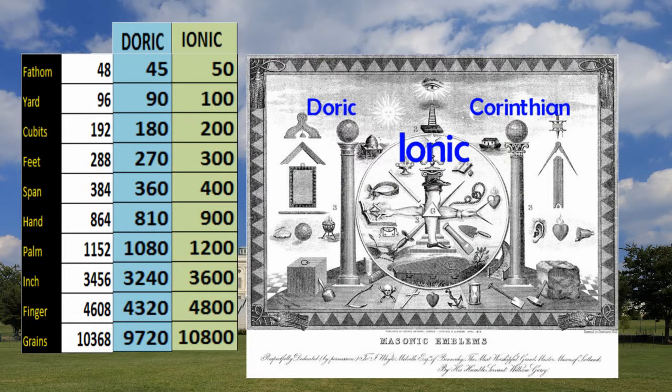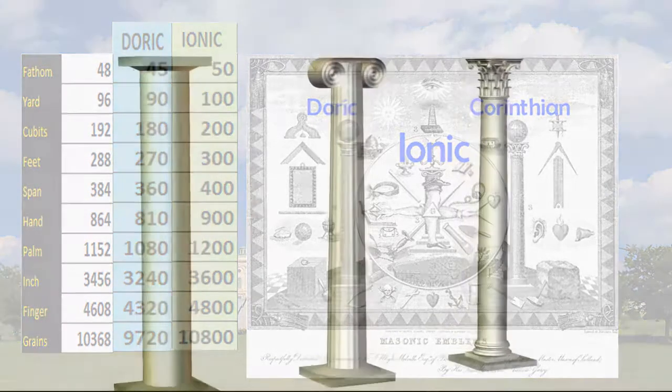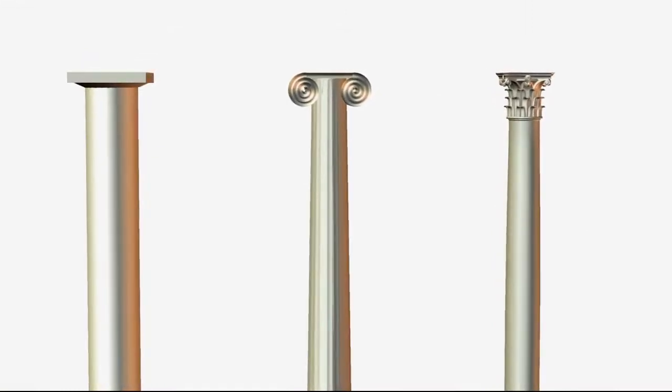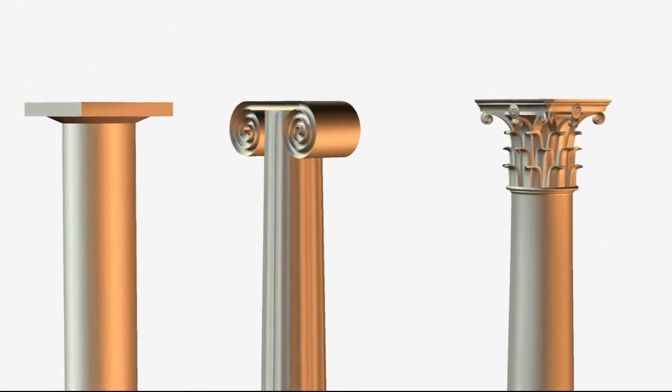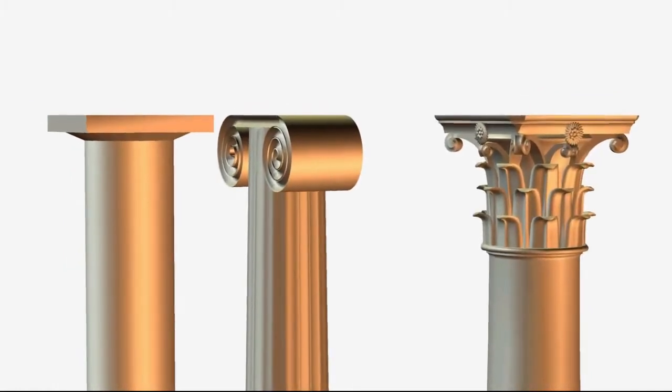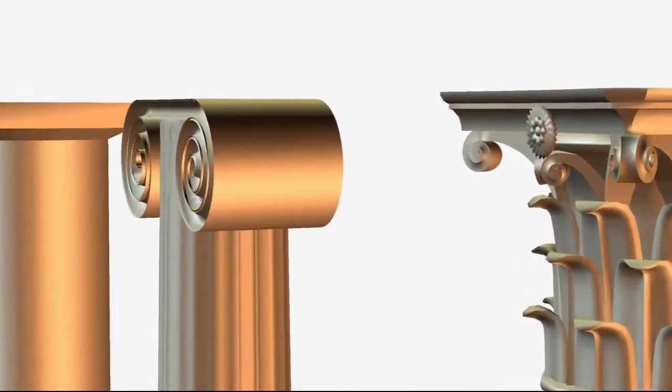But what we have is a harmony point between various sets of measures, including the Doric and the Ionic scale of measures. And not only is it beautiful because it's at whole numbers, but there's a whole deeper level of symbolism in regards to Doric, Ionic, and the Corinthian columns.